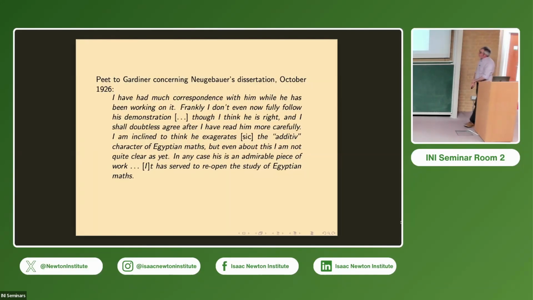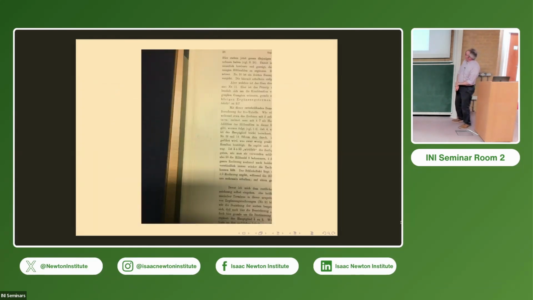But just on this point about certainty, Neugebauer sent a copy of his dissertation to Pete, and that survives in a library in Oxford with Pete's annotations. If you look at the book, it's a lot more legible than that. This is a passage, I think, relating to that handwritten table I showed you: the systematization of problems in the papyrus.